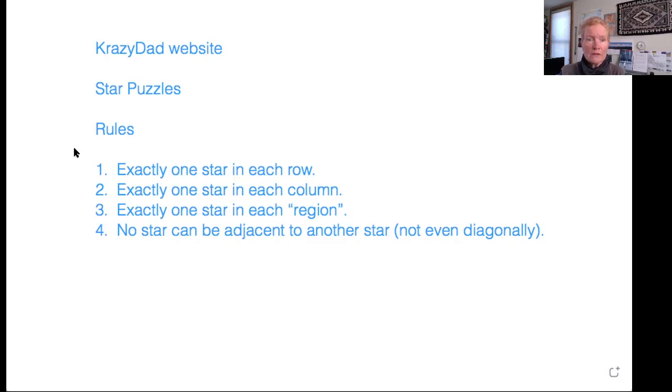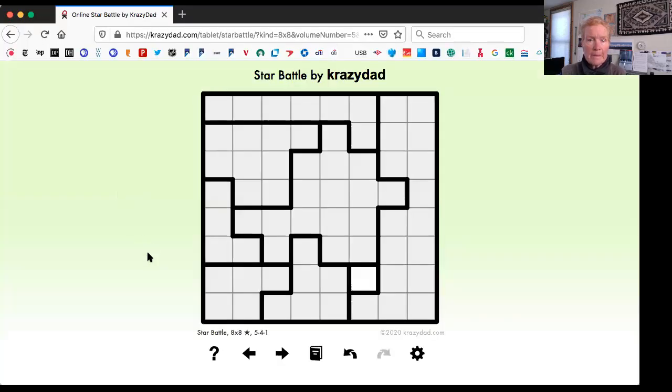So let's get back to the puzzle. By region, what I mean is these areas that are bordered by the dark, thick black lines. In this particular puzzle, I have a fairly good sized region right in the center of the puzzle. I have a fairly good sized region over here on the right hand side, some smaller regions here, and the smallest possible region right here.